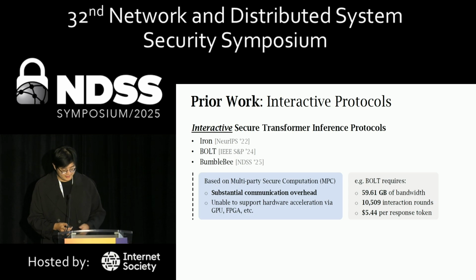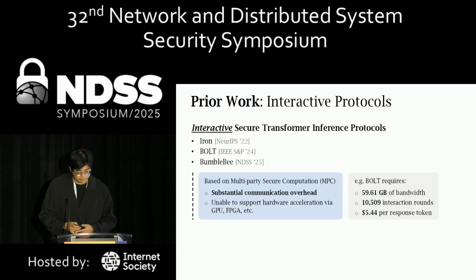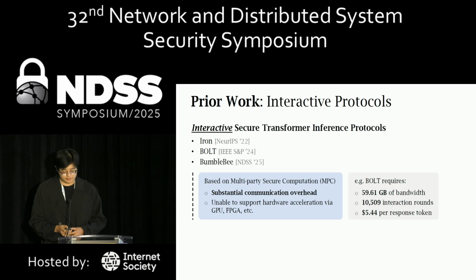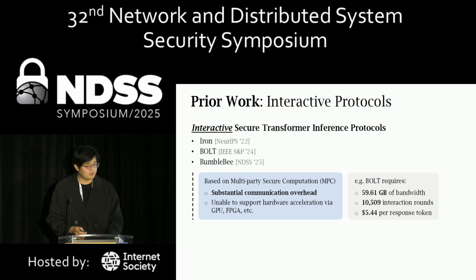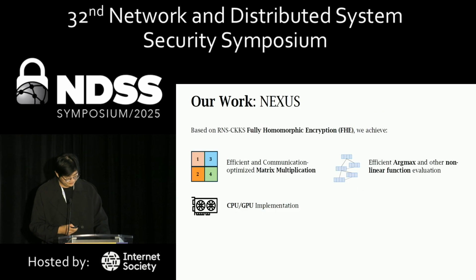For example, BOLT takes about 59 gigabytes of bandwidth consumption, over 10K interaction runs, and more than $5 for a single word inference. This is not very practical in real-world inference.